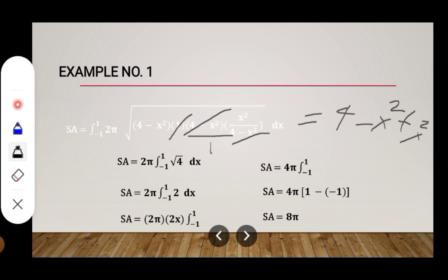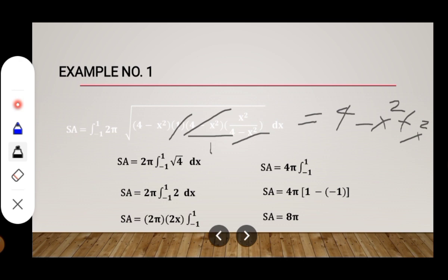Then it is equal to 2 pi, and the square root of 4 will be 2, dx from negative 1 to 1. Then SA is equal to 2 pi times 2, which is 4 pi, times the integral from negative 1 to 1 of dx.